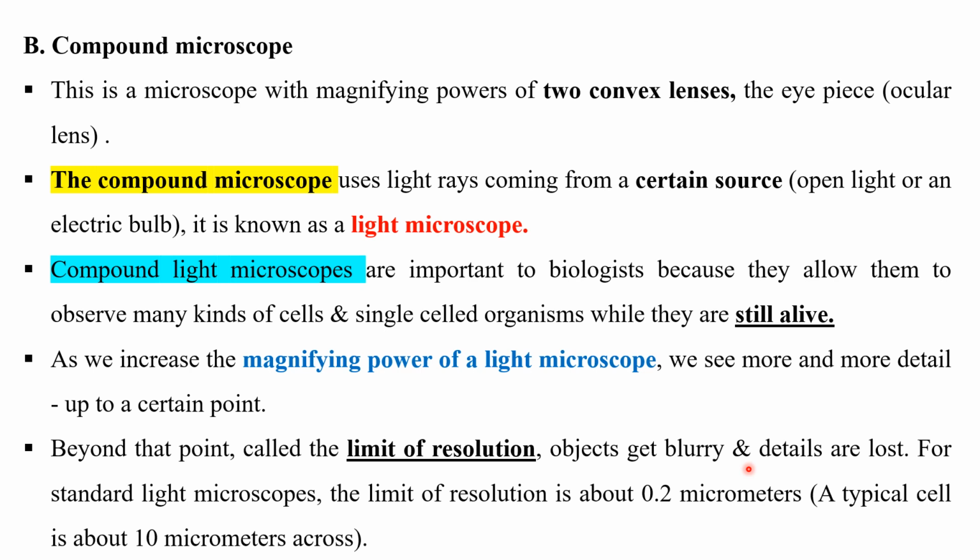The image is not clear, and the detail is lost. For a standard light microscope, the limit of resolution is about 0.2 micrometers, while a typical cell is about 10 micrometers across.